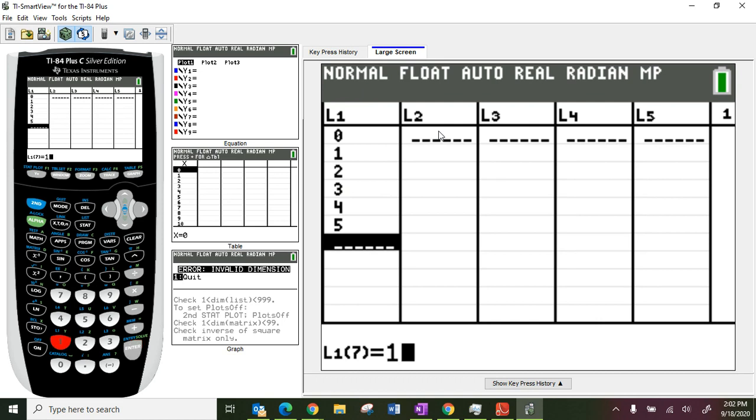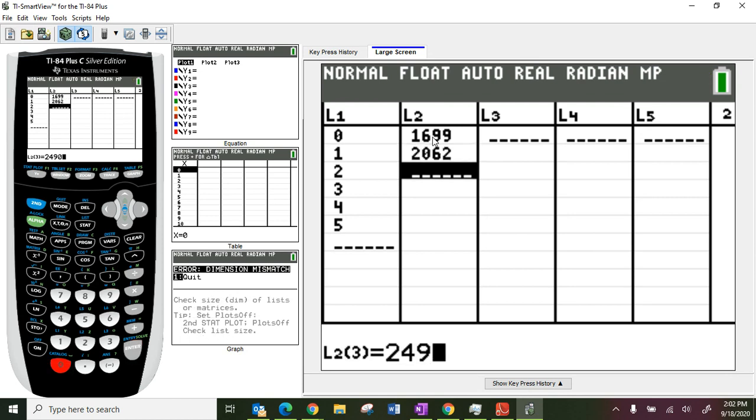So in this one here, we know it's 1699, and this is all found in your booklet. Oops, I put it in the wrong one, so let me delete that. Delete, go over here. 1699, 2062, 2429, 29... and there is a mistake on here.